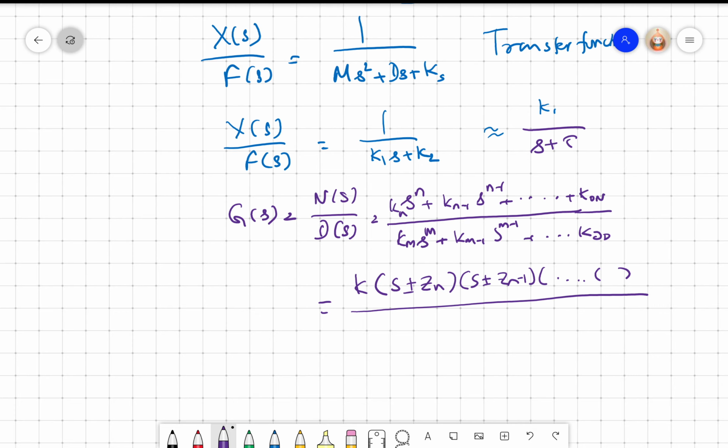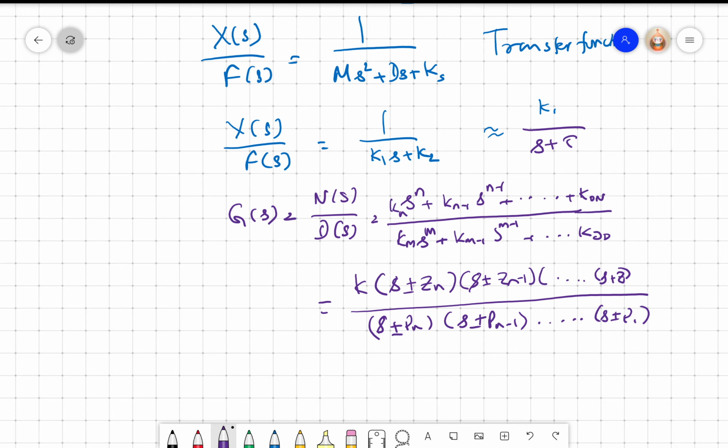Similarly, I can write the denominator as (s plus pn) into (s plus or minus pn minus 1) dot dot dot (s plus or minus p1). It could be minus also.